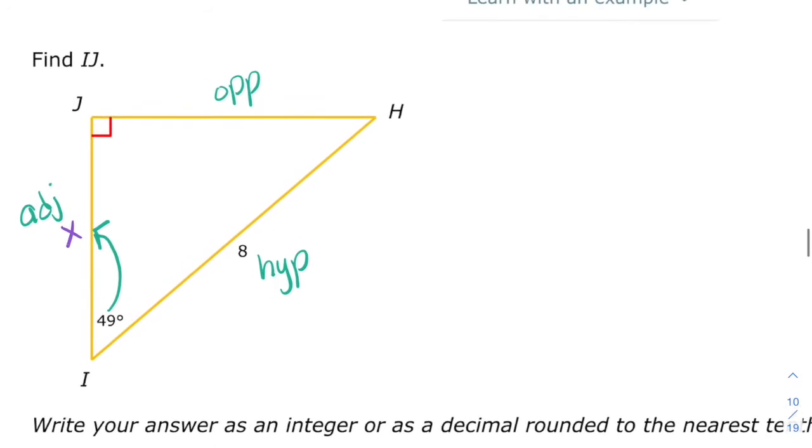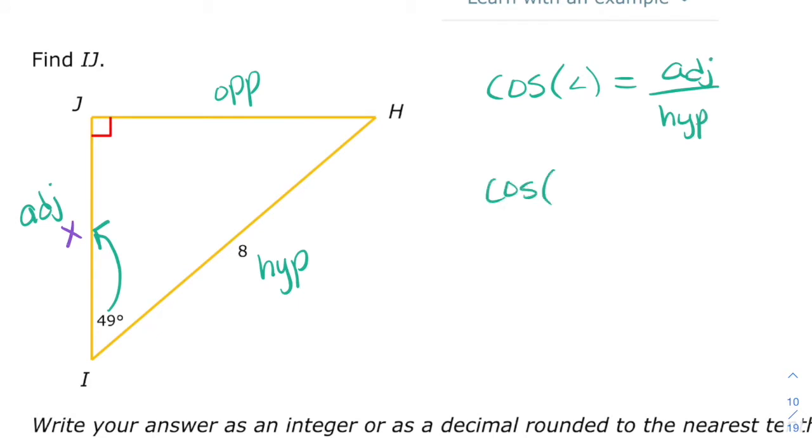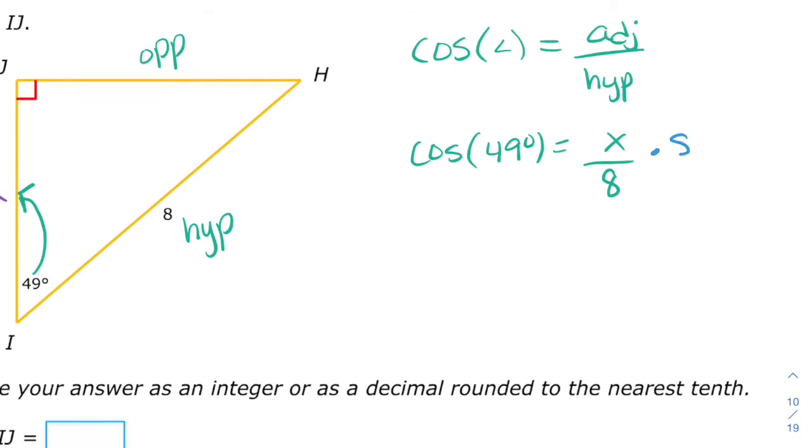So the cosine of my angle is equal to adjacent over hypotenuse. So the cosine of 49 degrees equals x over 8. And then we're going to multiply both sides by 8 to get x by itself. So 8 times cosine of 49 degrees equals x.